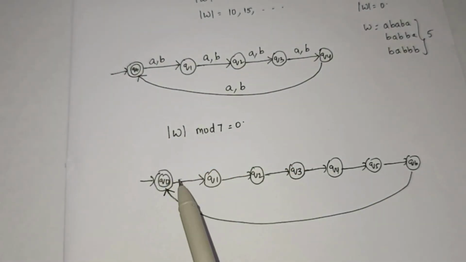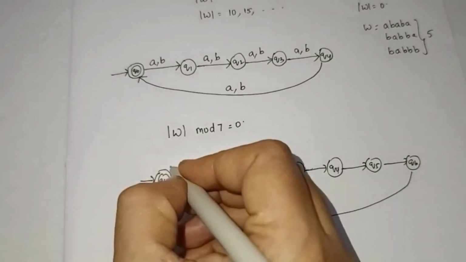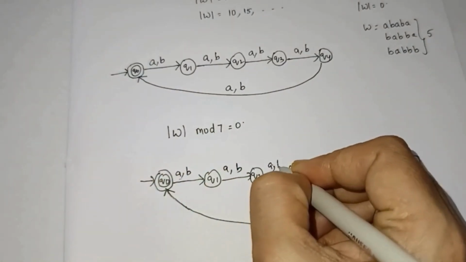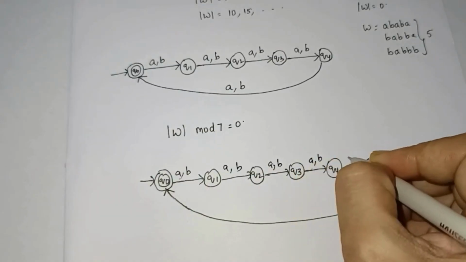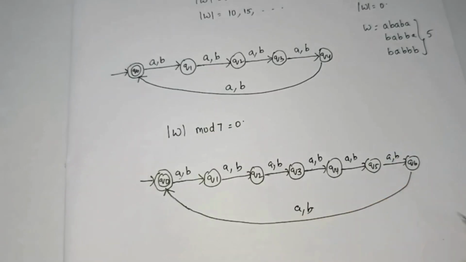Now we will check the length: 1, 2, 3, 4, 5, 6, 7. It can be any combination of A's or B's, so I will label the transitions A comma B, A comma B, A comma B.